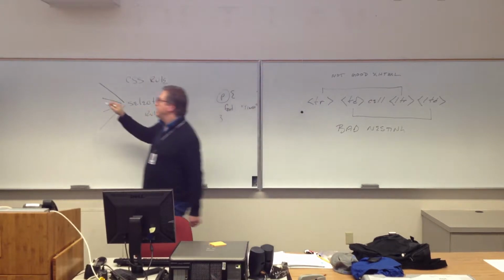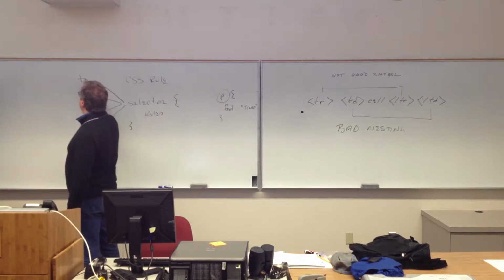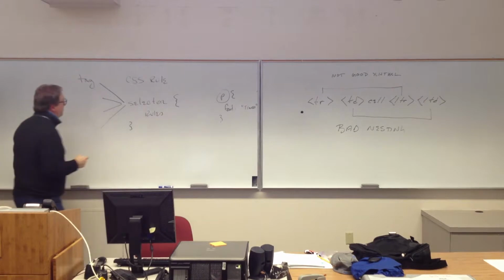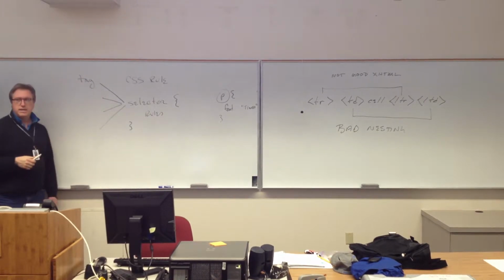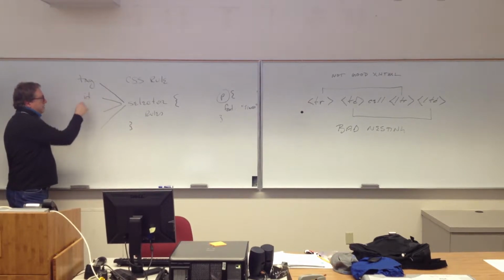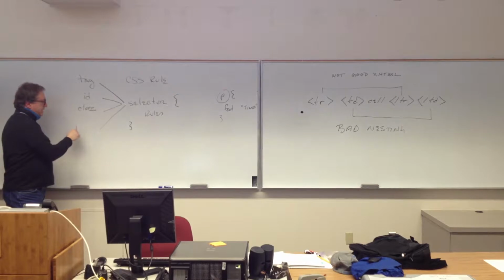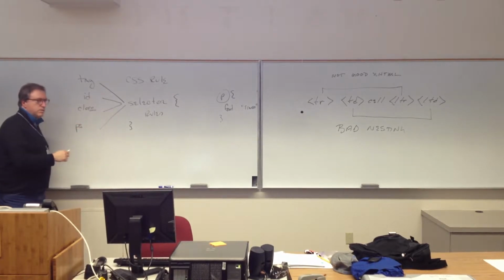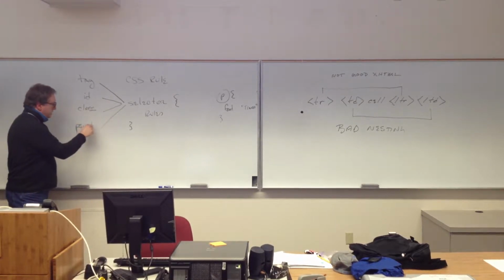So the first kind is the tag. The second one is the ID. The next one is the class. And then the last one is pseudoclass.